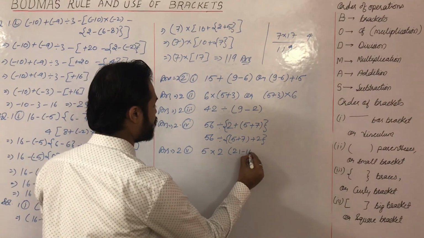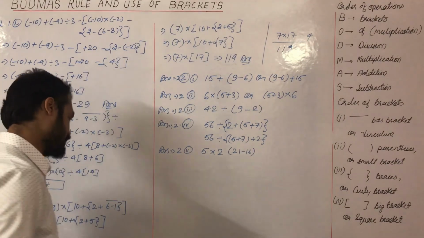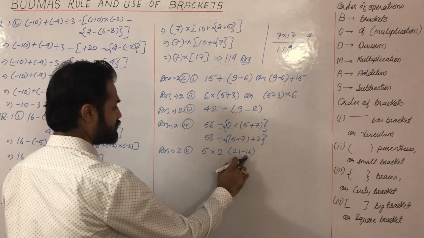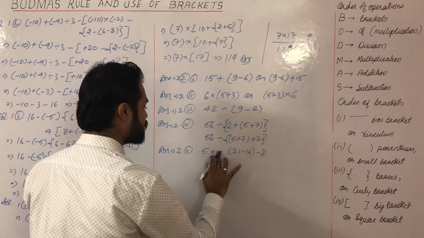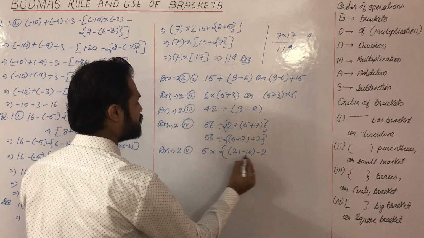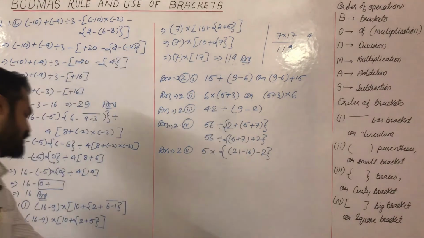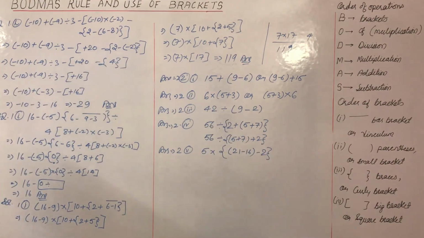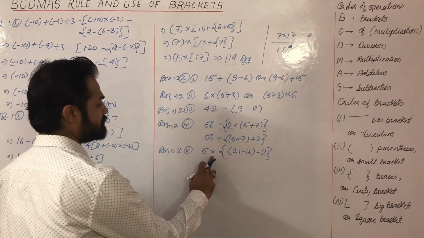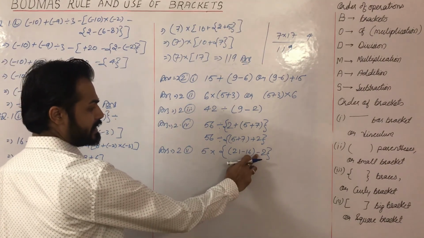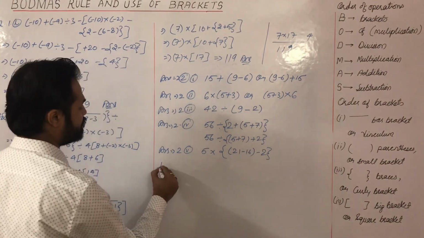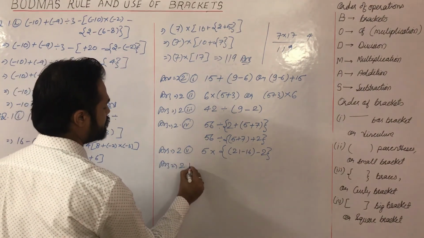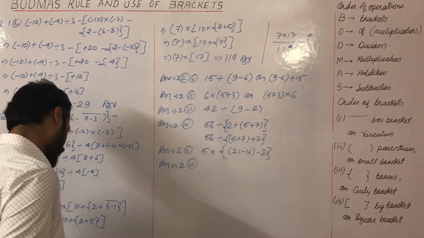So the difference of 21 and 16, this, and 2 less than this, and 5 multiplied by this. So the statement is 5 multiplied by 2 less than the difference of 21 and 16. Right.